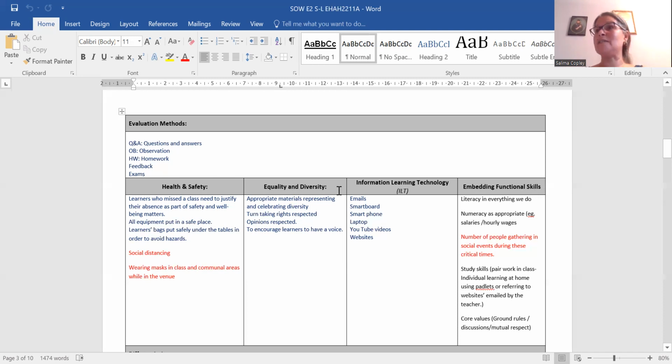As you know, the United Kingdom is a place for different races, different religions, different opinions, and people are all diverse from different backgrounds. So we do have to be very careful in embedding equality and diversity within the teaching establishment. Okay.